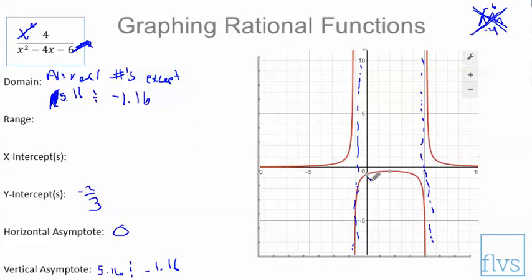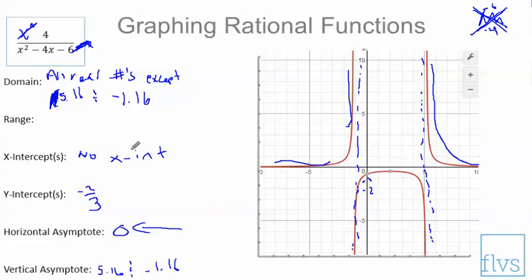So here is like 1, 2, or -1, -2, and so forth. So it's about -2/3. Then your x-intercepts are where it crosses the x-axis. If it has a horizontal asymptote of 0, it's going to be approaching 0 here, coming down, but it doesn't actually touch. So there is no x-intercept.